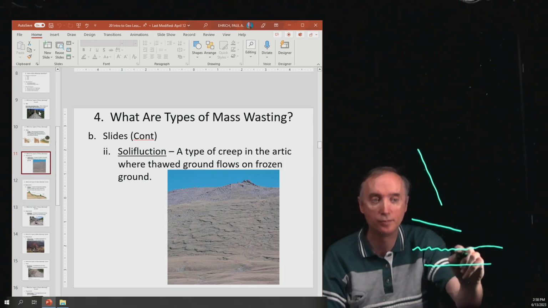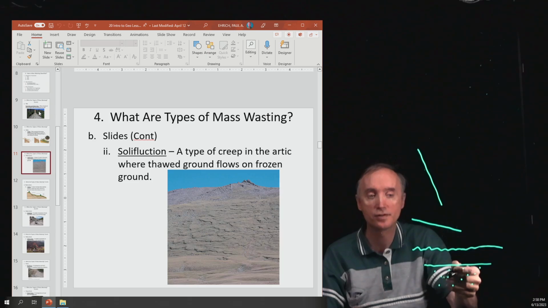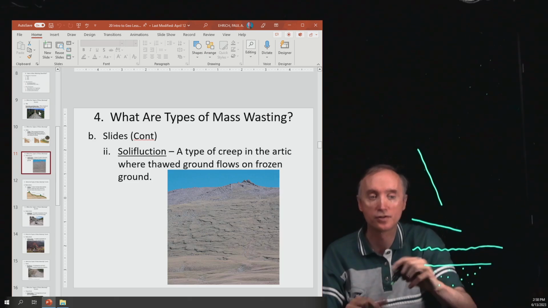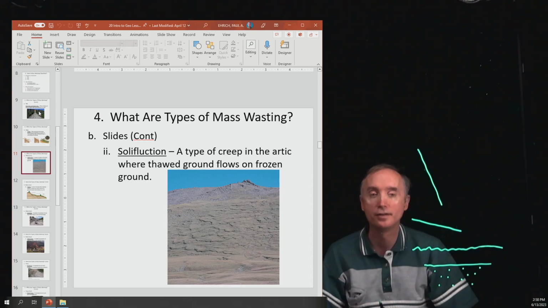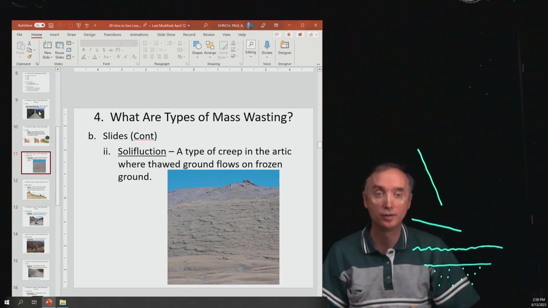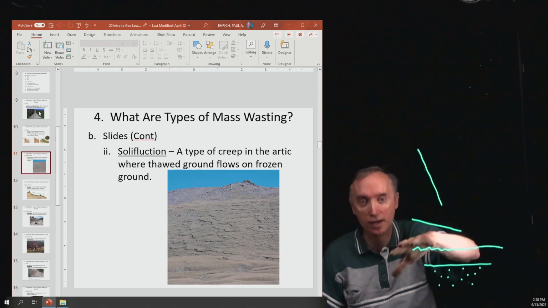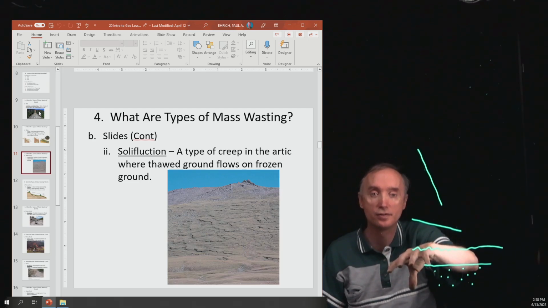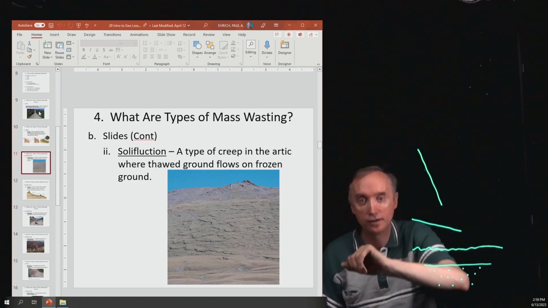During the winter time it freezes. But this area down here is permanently frozen because it never gets enough heat from the sun in order to thaw. So it's like you have an ice cube down here, and then on top of it you've got soil that during the daytime might thaw, but then during the nighttime it freezes. And so when it thaws, it flows downhill a little bit, and then it freezes and stays put, but then during the daytime it thaws again, and it flows downhill a little bit more.